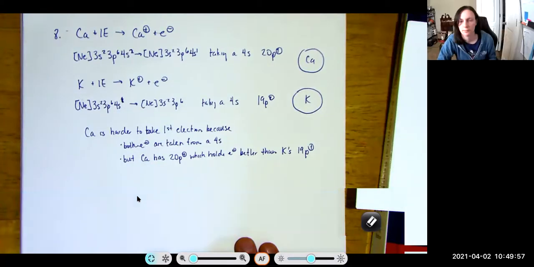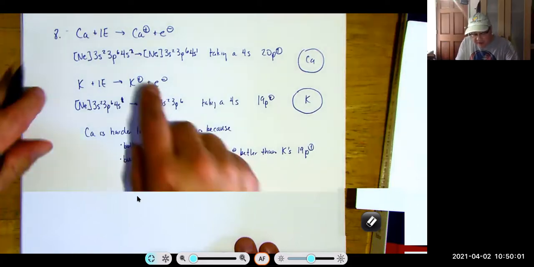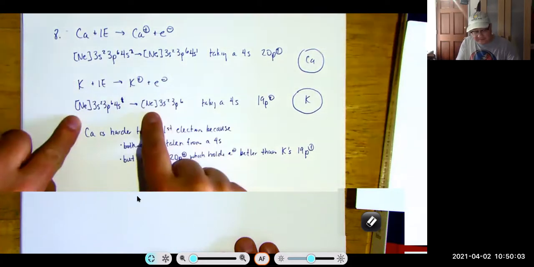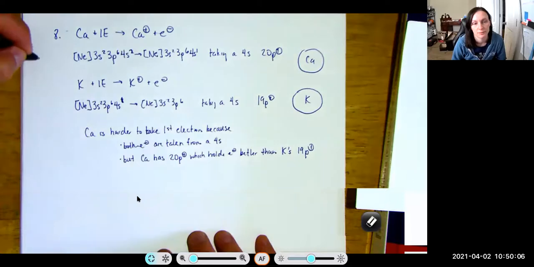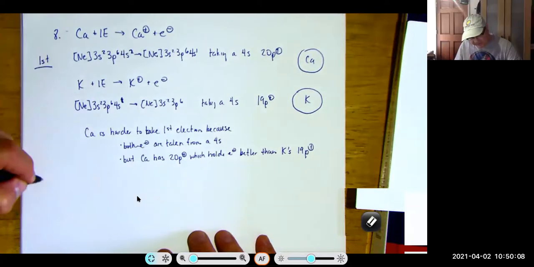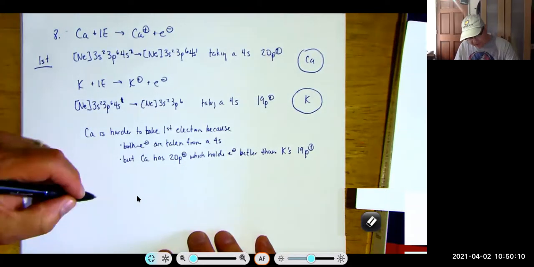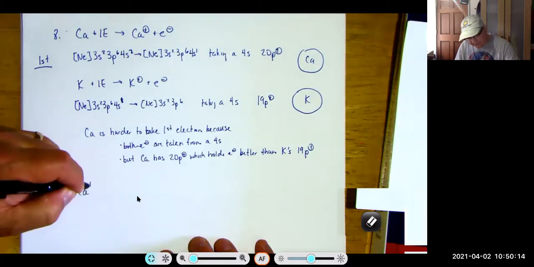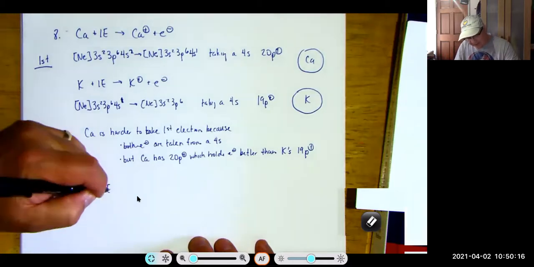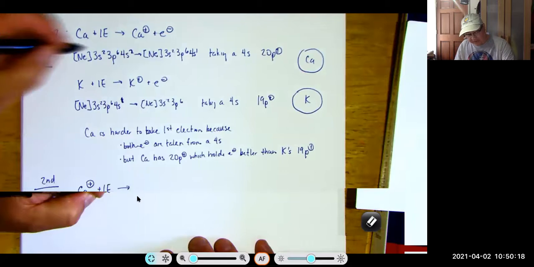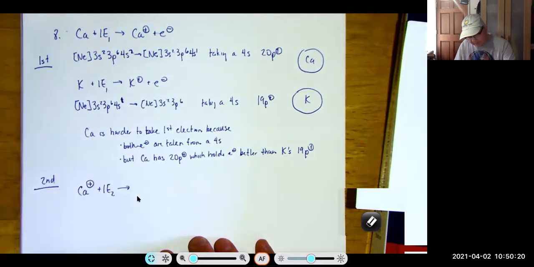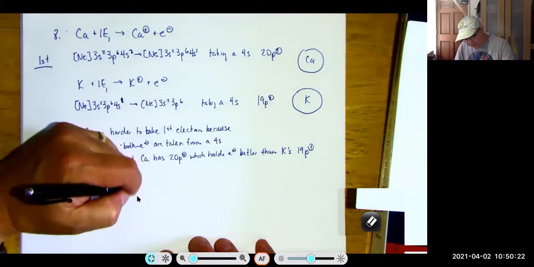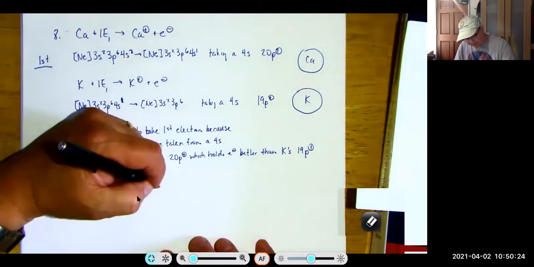Okay, so what about the second ionization energy? And now you're going to see why I did this. This is the first, this is the second. So now we have calcium +1 plus the second ionization energy, becomes calcium +2 plus an electron.